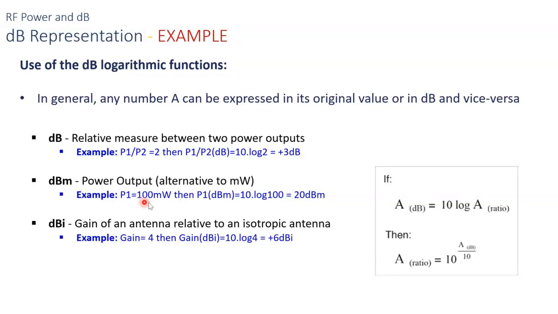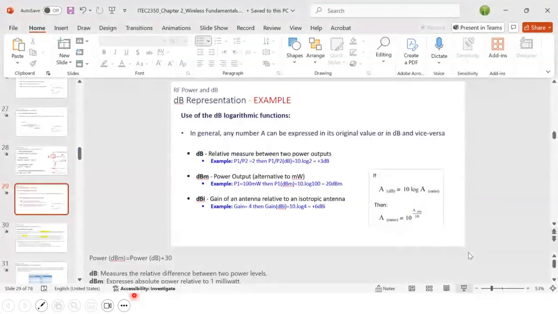If P1 equals 100 milliwatt, and P2 equals 1 milliwatt, then P1 in dBm equals 10 log 100, with the reference power 1 milliwatt. Log 100, we saw it before.